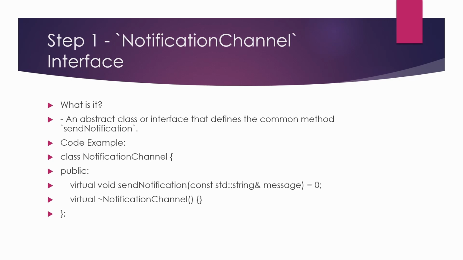Step 1 is to create the notification channel interface. This interface defines the method send notification, which will be used by concrete notification channels like email or SMS. By using an interface, we ensure that we can easily add more channels in the future without changing the code logic.